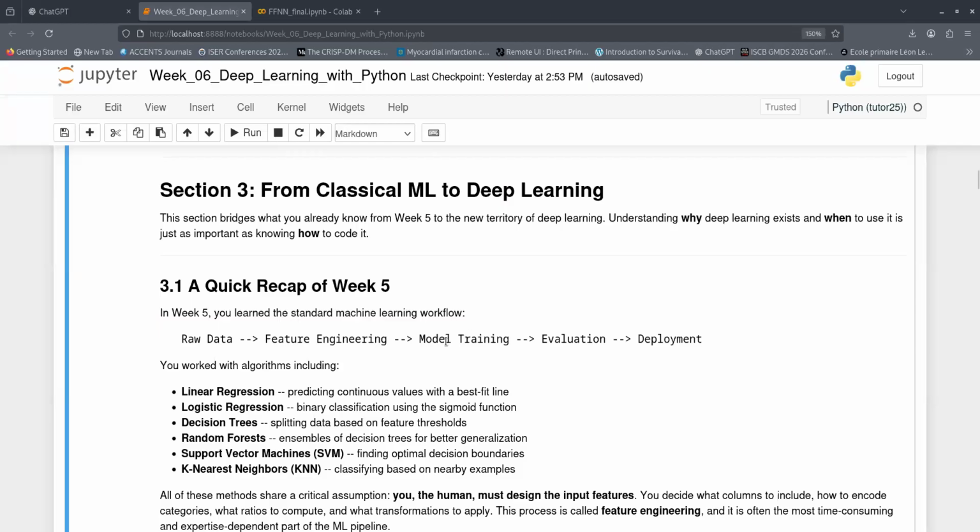So after that, you can now train your model, and you evaluate your model on the testing part, not the training, because the training is just for modeling. And then after evaluating, if you find good results, you can now deploy your model, and your model can work and do the job.